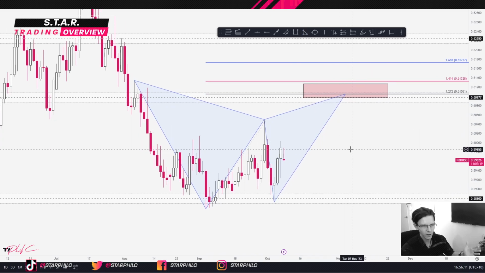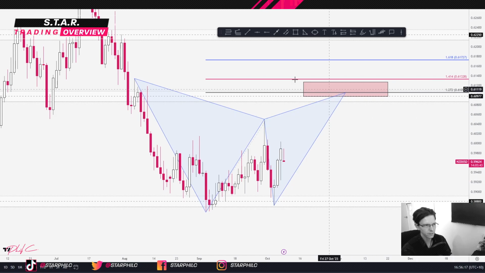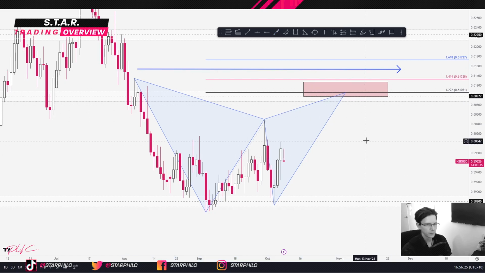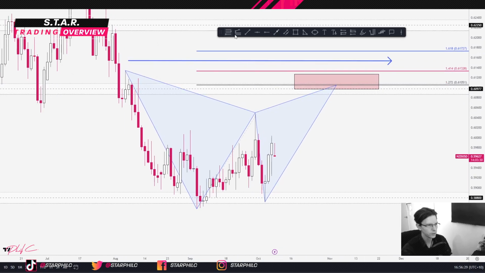Okay, so not much has changed. We're still looking at a CD completion right here. And if we do get there, stops will be above the swing high, okay? The X point looking left, right there. The stop will be above the X point looking left, right?